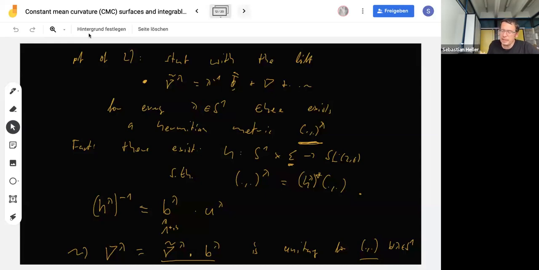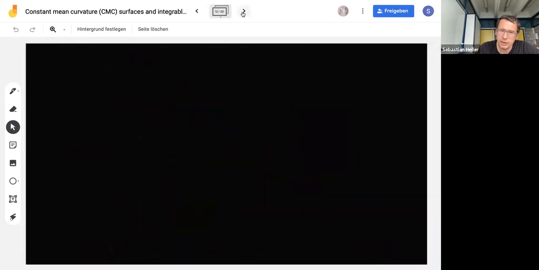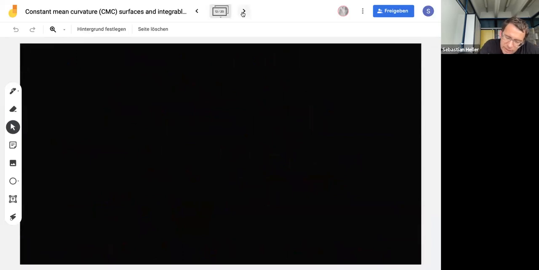So our new family of flat connections, the gauged family of flat connections, is actually of the form nabla lambda equals lambda inverse phi plus nabla, and then we only have a lambda part.